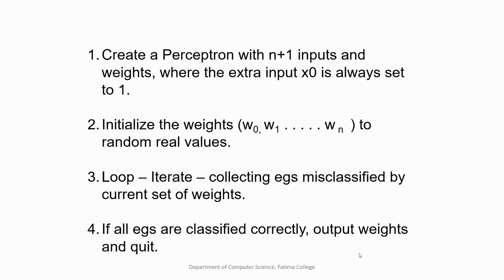In case the classification of the black and the white dots is correctly done, then the weights that are set there are correct, so the weights can be output and the process ends in the fourth step. If all examples are classified correctly, then that is the set of weights which is able to draw the line in the proper decision surface, and so the process can end there.